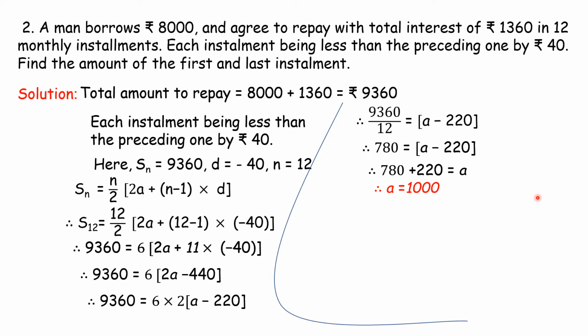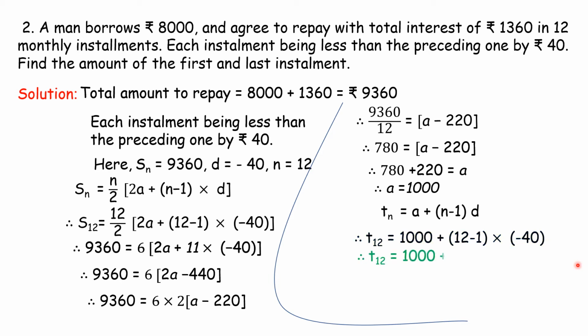Using the formula, nth term is equal to a plus n minus 1 bracket complete into d. Now substitute the values. 12th term is equal to 1000 plus 12 minus 1 into d, which is minus 40, that is 1000 plus 11 into minus 40.